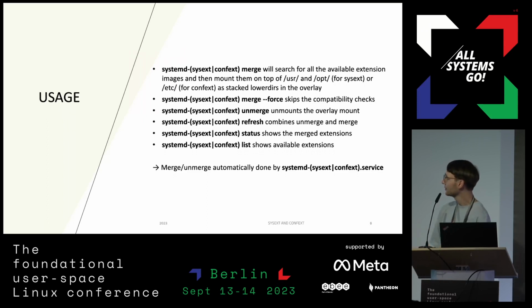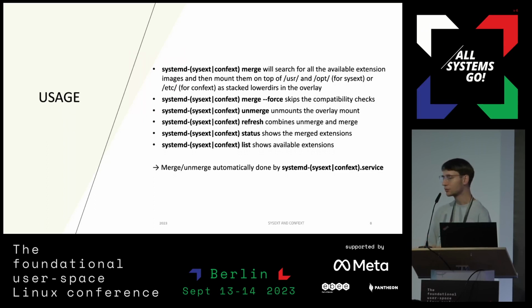And if you use merge with the force flag, it will skip the compatibility checks. So even if there's no extension release file, things get loaded. Unmerge unmounts this overlay mount, and refresh combines unmerge and merge. Status shows the merged extensions, list shows all available extensions.